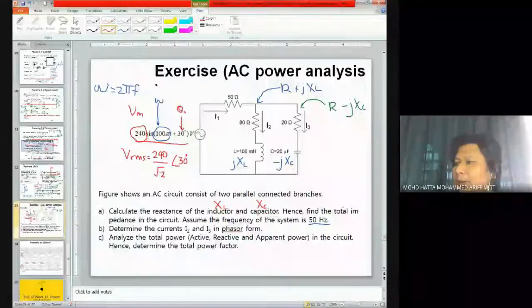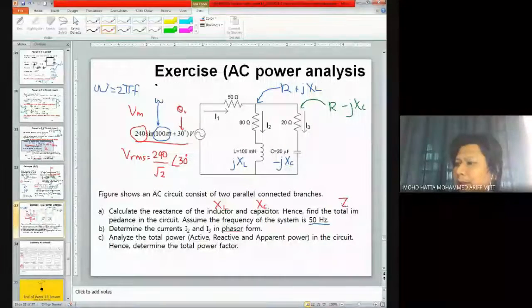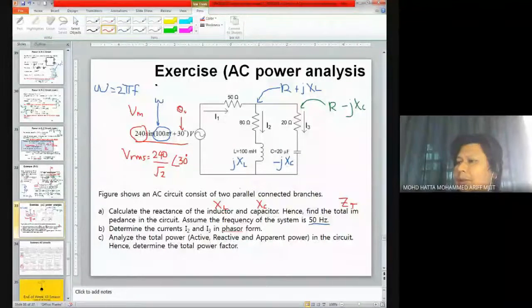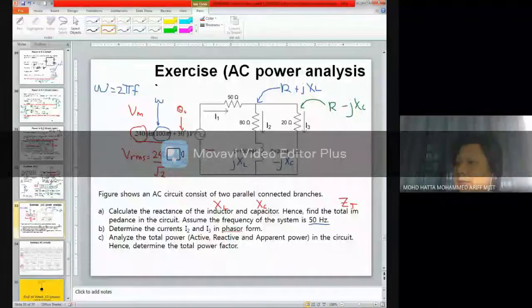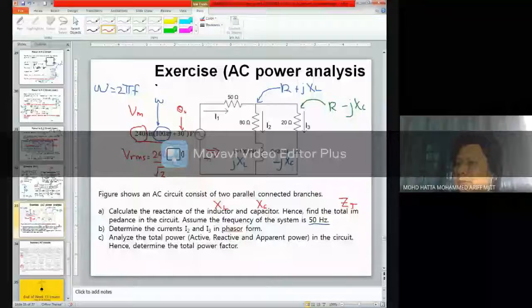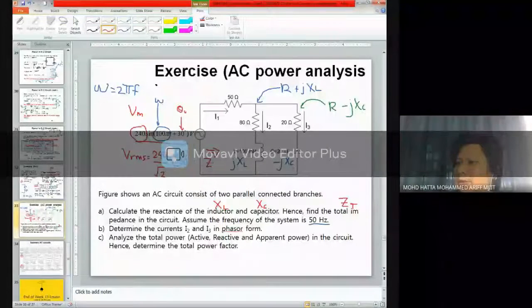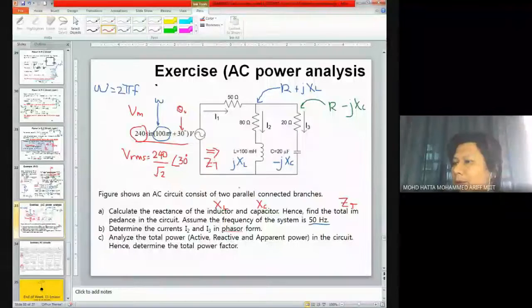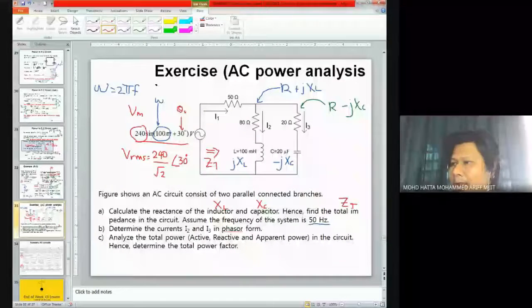The total impedance ZT is found by looking from the source, because from this total impedance we can easily calculate the total current inside our circuit.